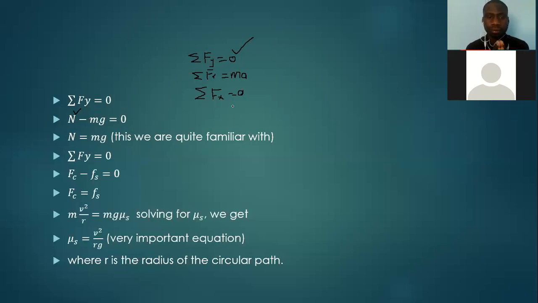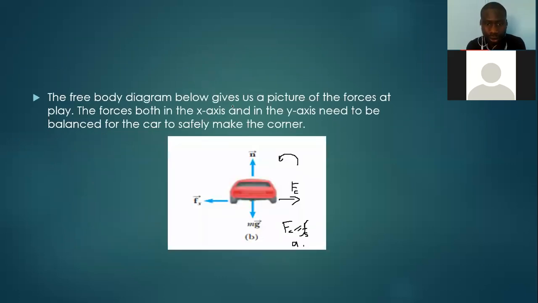So with the case that we have seen, if we sum forces in the y-axis, how many forces do we have? We only have the normal force pointing upward, so it will have a positive sign, and we have also the weight pointing downward. But sometimes you may find that there's another force which is at an angle.